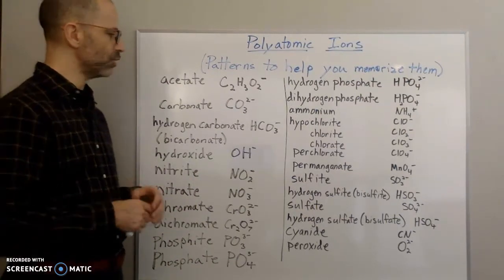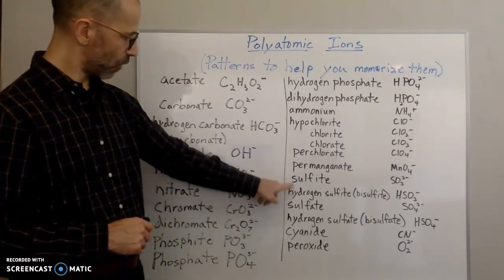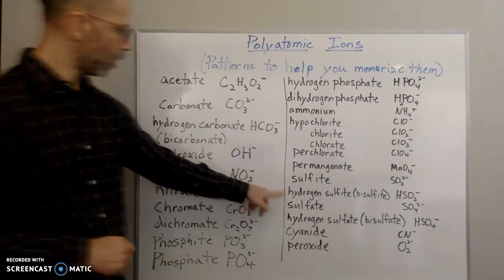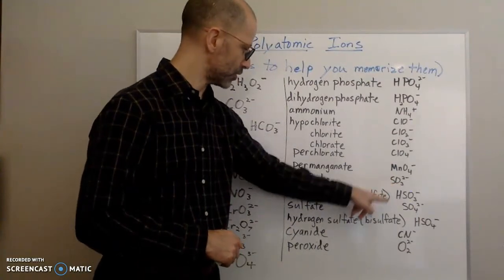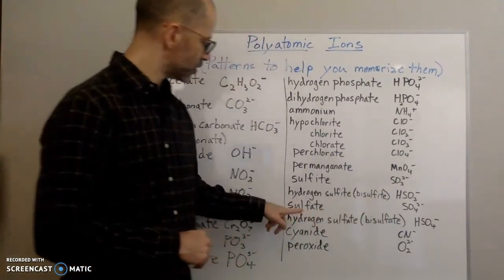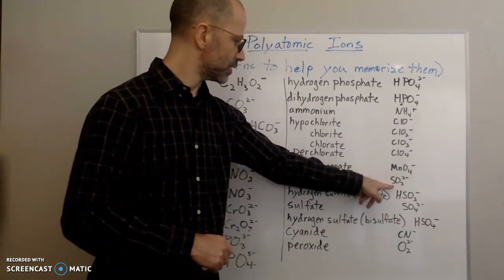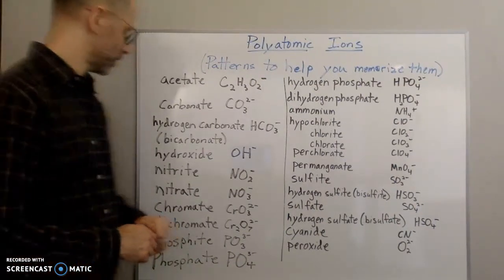So that's one pattern. You can see other patterns as well. So here, again, I have sulfite and sulfate. They both have sulfur and oxygen. The sulfate has SO4 2 minus. The sulfite has SO3 2 minus. And so you could see that as well.